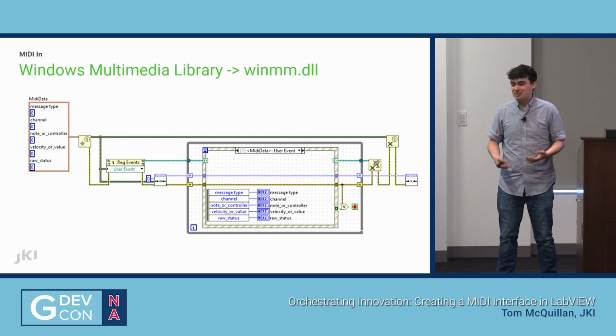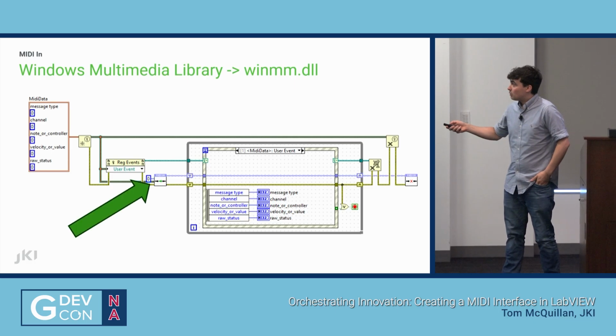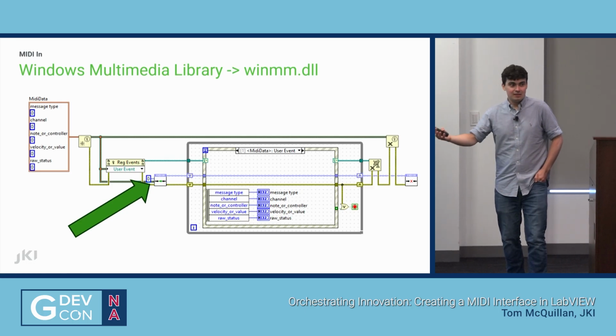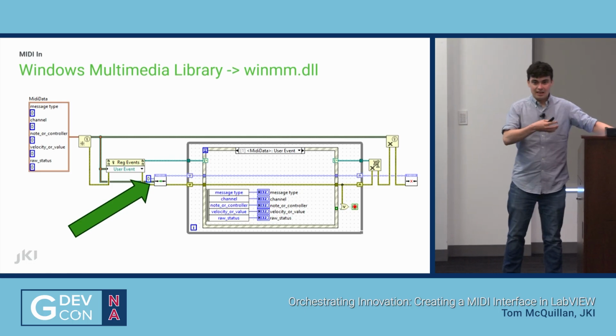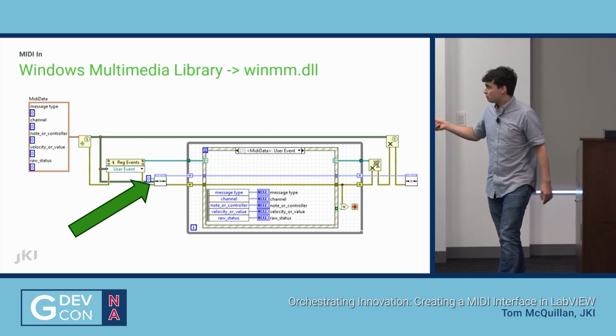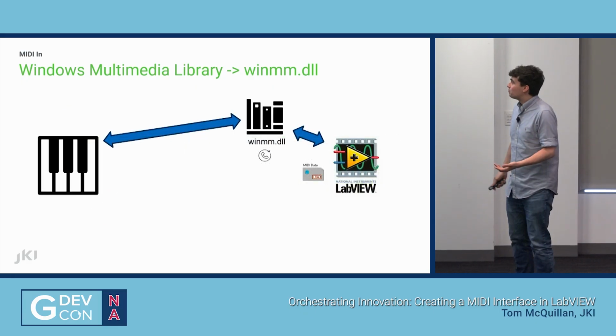But that's a bit rubbish. I don't want a polling application. So how do I pass a user event reference into this DLL and then get the DLL to send a LabVIEW user event to trigger this event structure? Oh, I'm glad you asked.